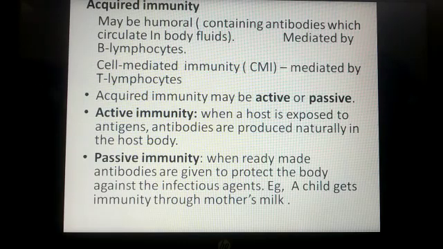Active immunity: when a host is exposed to antigens, antibodies are produced naturally in the host body. Passive immunity: when ready-made antibodies are given to protect the body against infectious agents, we call it passive immunity. A good example for passive immunity is a child getting immunity through mother's milk. Mother's milk is also called colostrum.